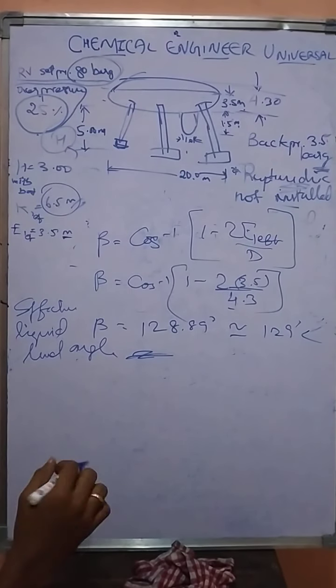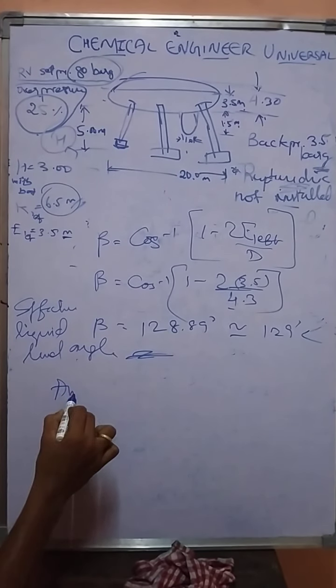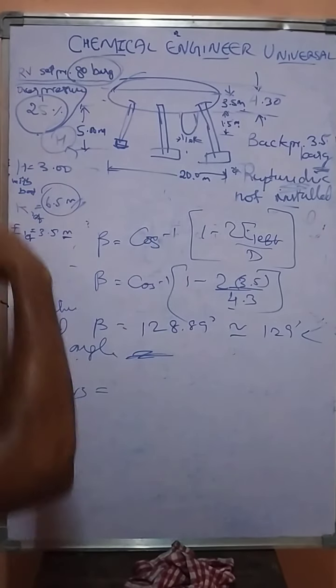So now we are going to find out the area AWS. To find this only, we are finding all these constants.